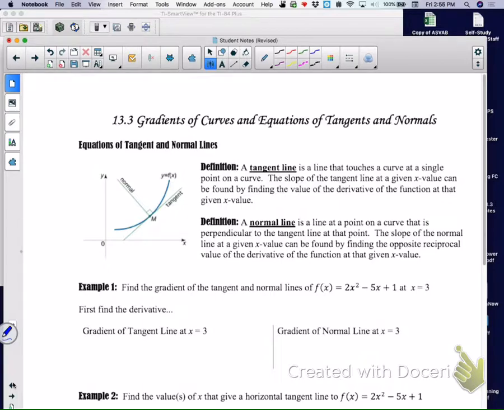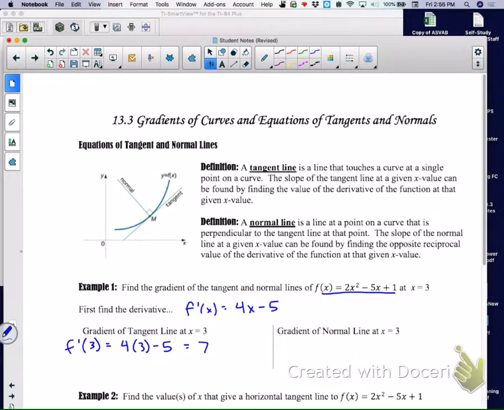Well, before I can find the gradient of the tangent, I need to find the slope. So find the derivative here first. F prime of x is going to be 4x minus 5. So the gradient of the tangent line at x equals 3, we're going to do f prime of 3. 4 times 3 minus 5 would be 7.